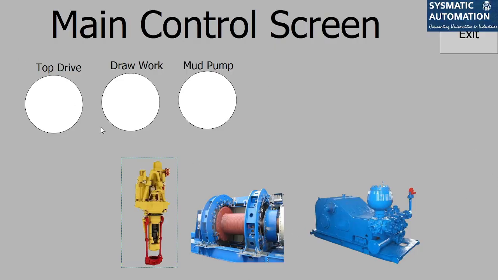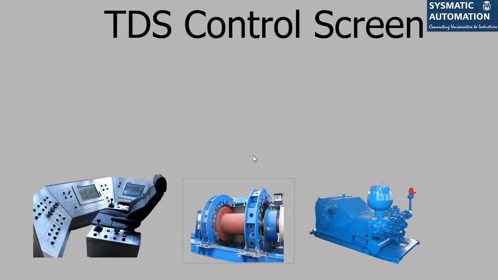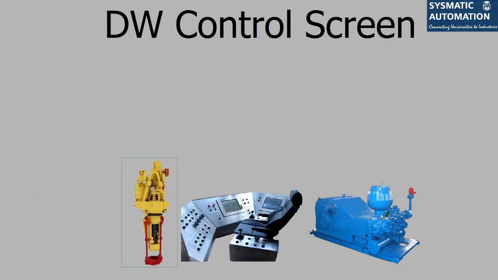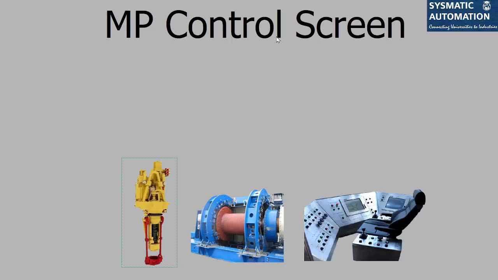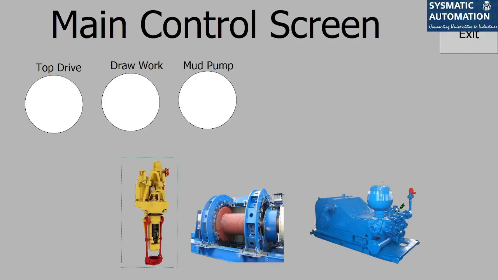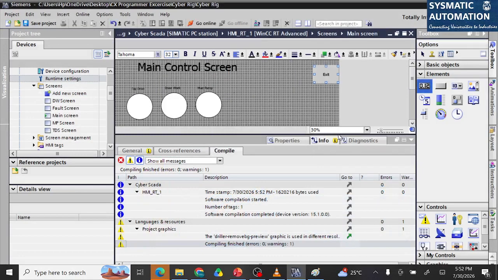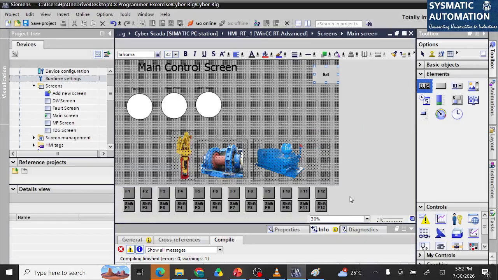It's appearing on the full screen. So if I put top drive, all top drive controls, drawworks control, mud pump controls, right? If I go to main screen, it has a main screen. Now to go out of this screen, you'll have to press exit. So this is a basic interconnection between the various screens.